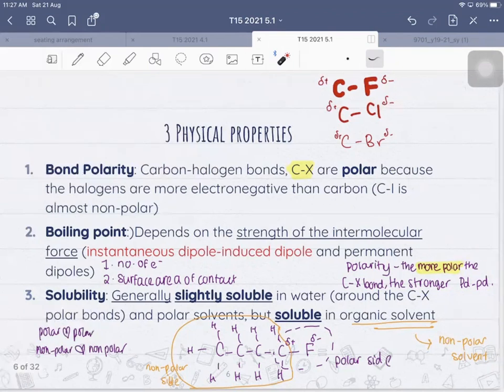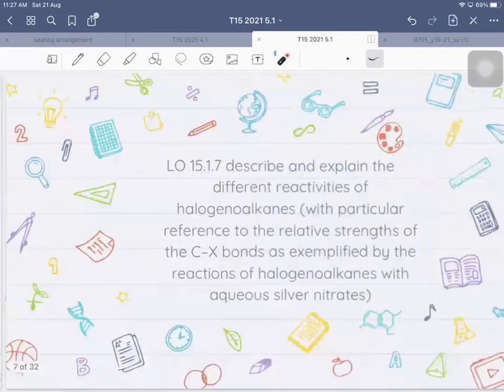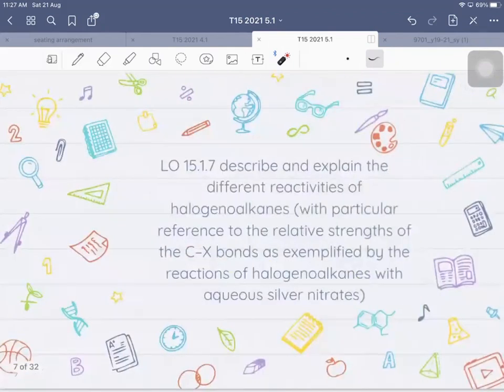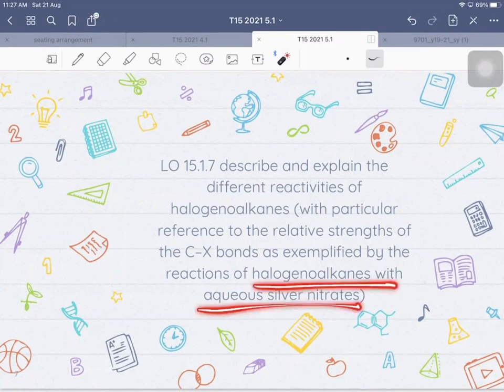Done. Your learning objective is more concerned with the chemical properties. Usually chemical properties depend on how they behave in a reaction, whether they react vigorously or gently, whether they react fast or slow, and so on. So describe and explain the different reactivities of halogenoalkanes, with particular reference to the reaction of halogenoalkanes with aqueous silver nitrate.